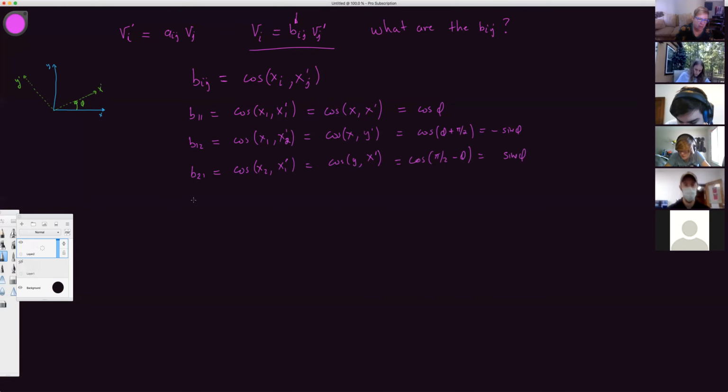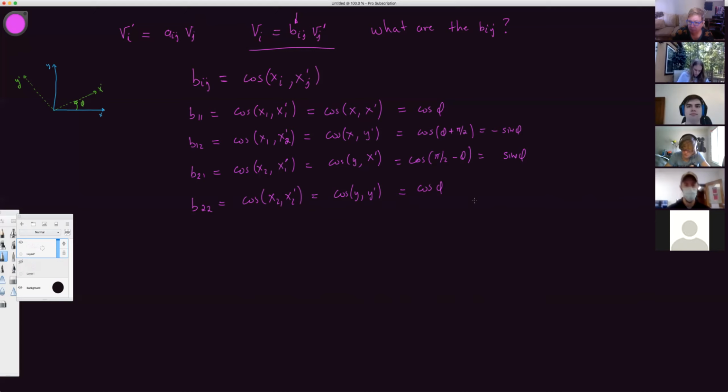And then we have B22, which is the direction cosine of x2 with x2 prime, the direction cosine of y and y prime, and you can see that's just phi.